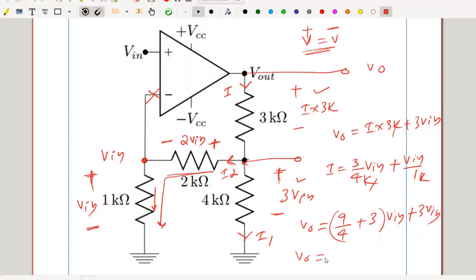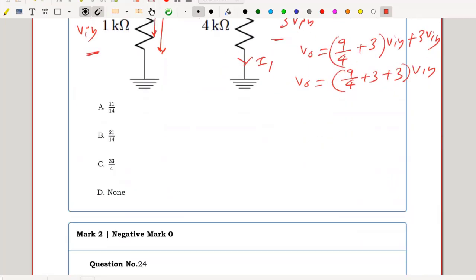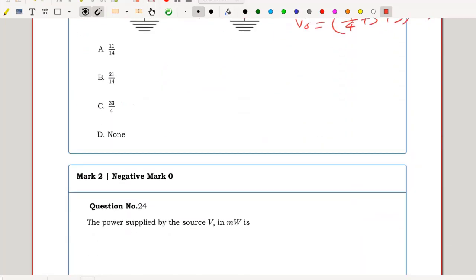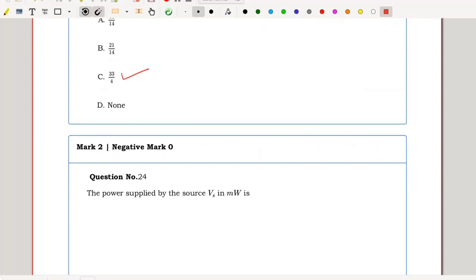So V out is 9 by 4 V in plus 3 V in plus 3 V in, giving V out by V in equal to 33 by 4. Hence, the right choice is option C, 33 by 4.